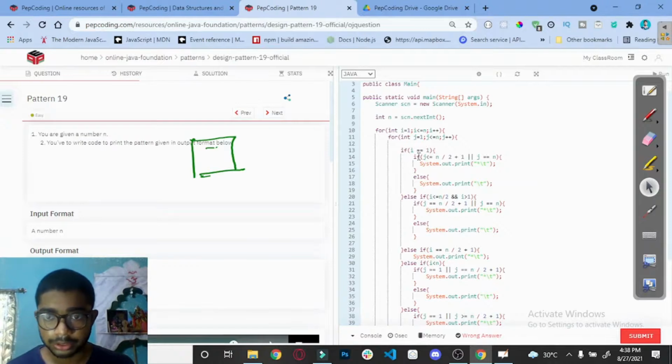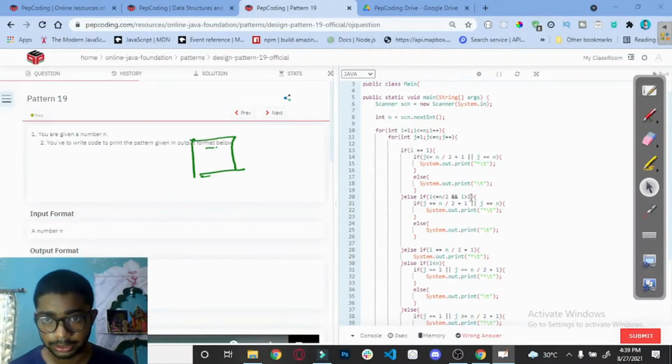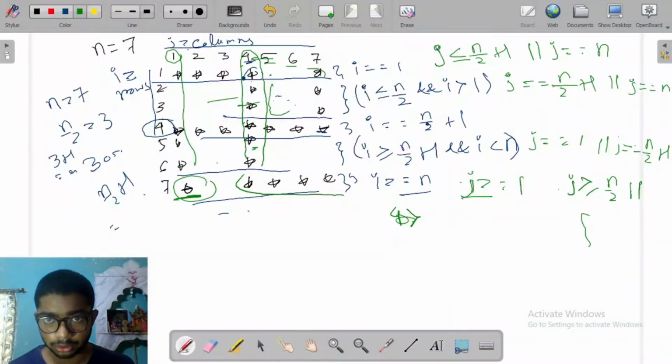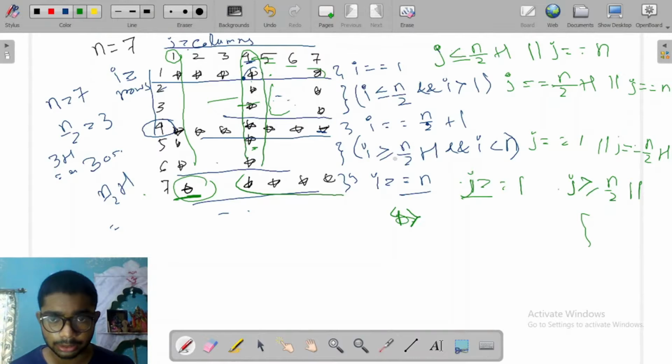If i is equal to 1, that is right. Then i less than or equal to n by 2, and i greater than or equal to j, and i greater than or equal to 1. Then we come to the next. If i is equal to n by 2 plus 1, then we do that. Now the next part. Here I think we did wrong. Here I wrote i greater than or equal to n by 2 plus 1, but it should not be greater than or equal to.